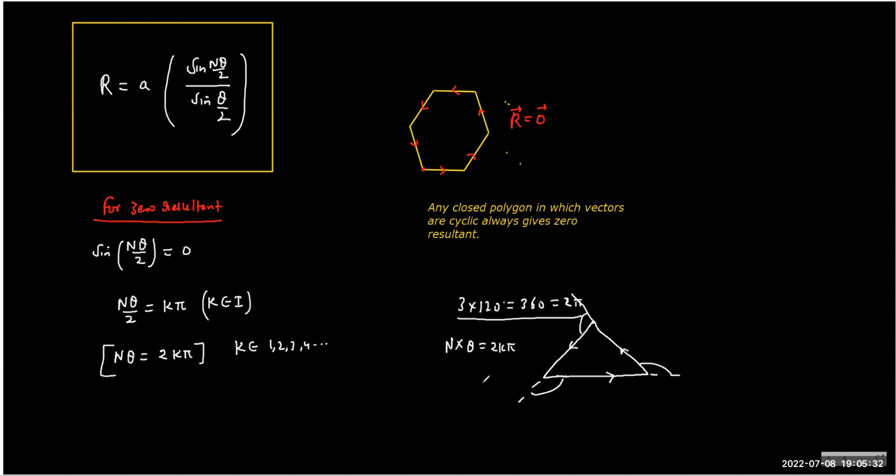Understood? So let's say the angle between any two consecutive vectors is 90 degrees and you have 4 such vectors. There is no option, it will form a square, correct? Which means the resultant is going to be 0.